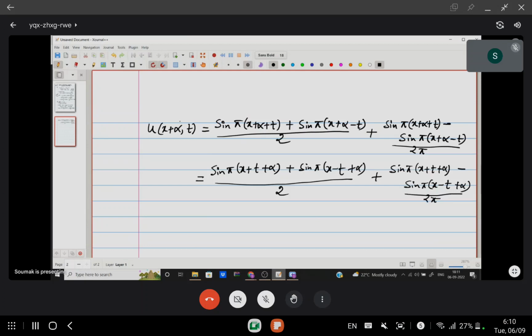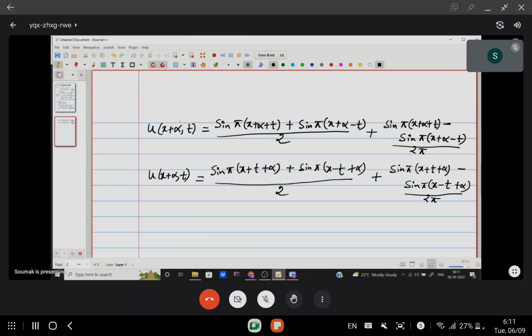So here clearly we have to check for which smallest alpha this u of x plus alpha comma t equals u of x comma t. That means alpha is the period for this u.